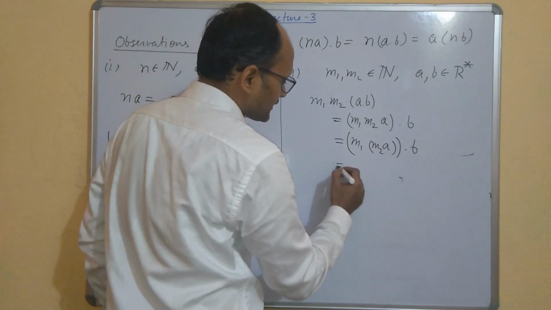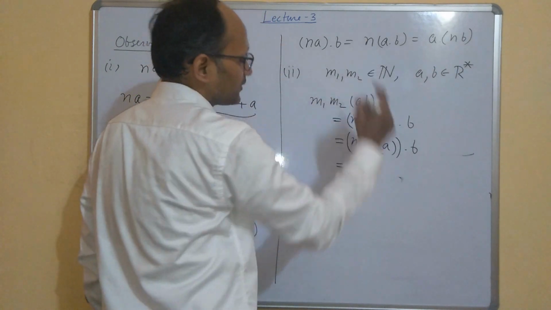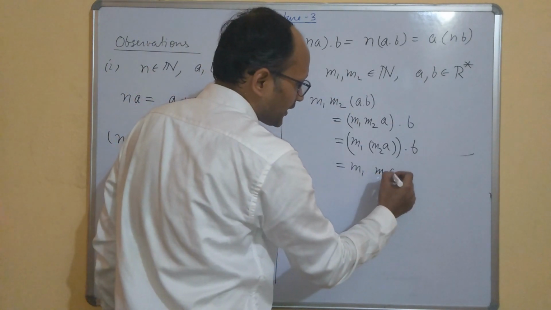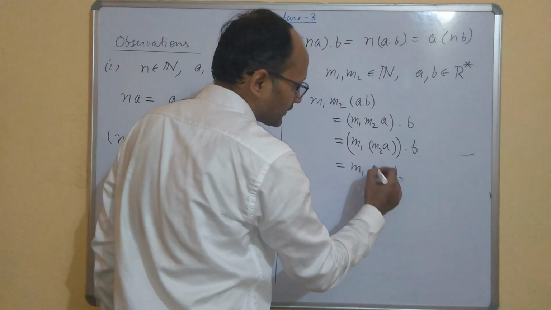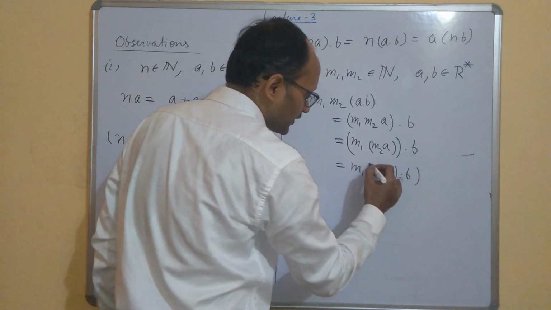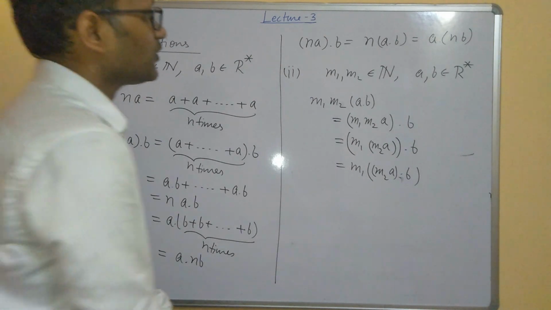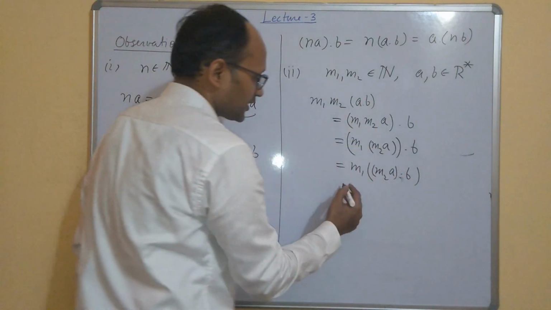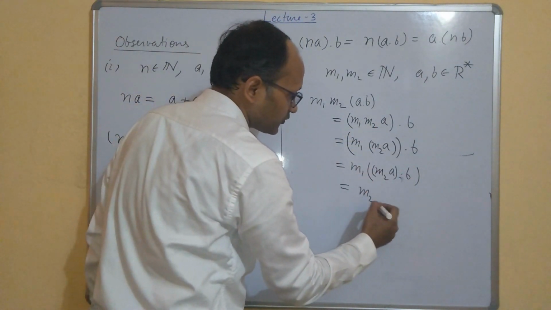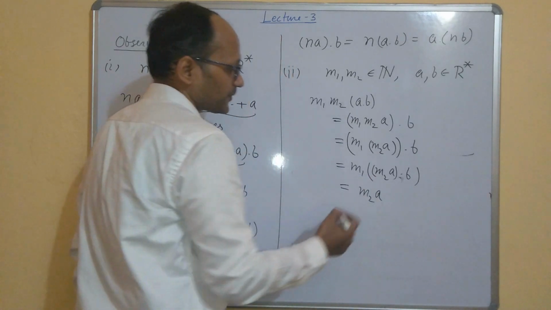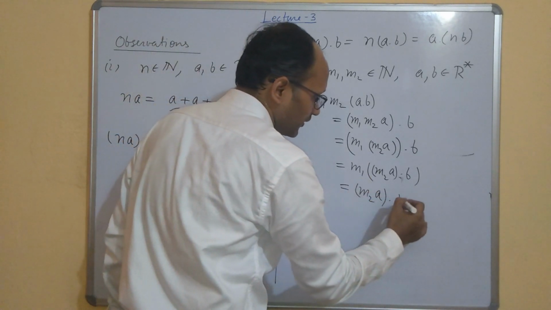So we can write it as m1 m2a dot b. Now by this we can write it as m2a into m1b.